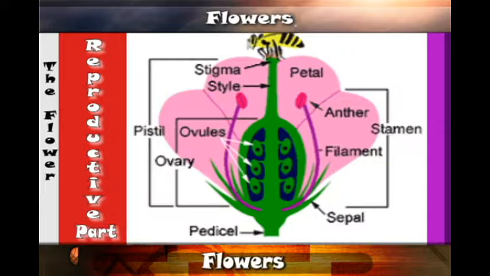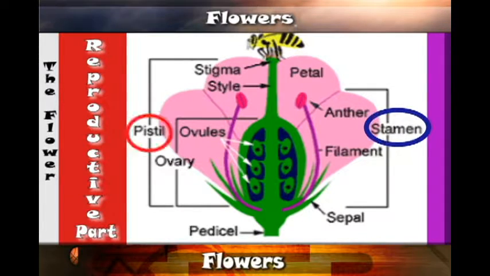A flower is a reproductive part of the plant, and it consists of the female part and also the male part, but some flowers have only the female part and other flowers have only the male part. Those ones we shall discuss them with time.